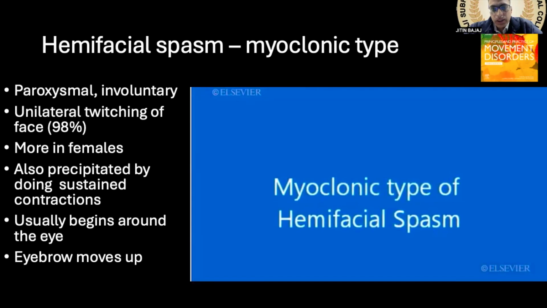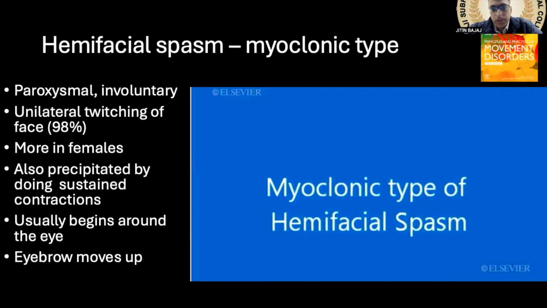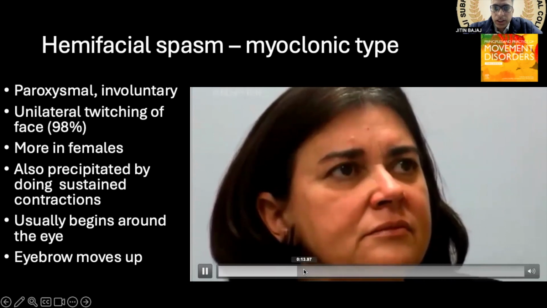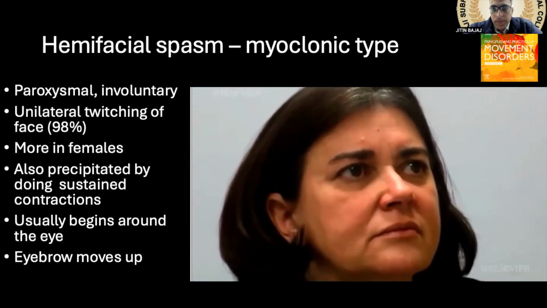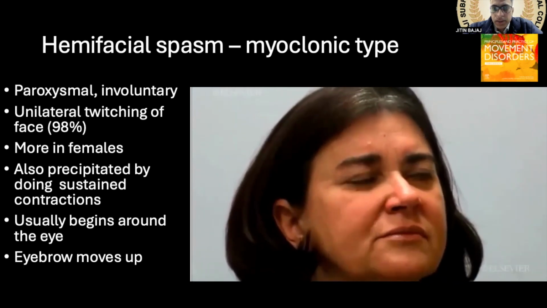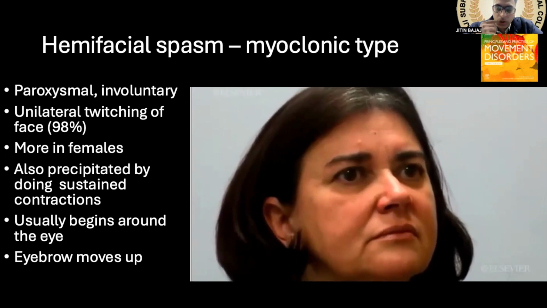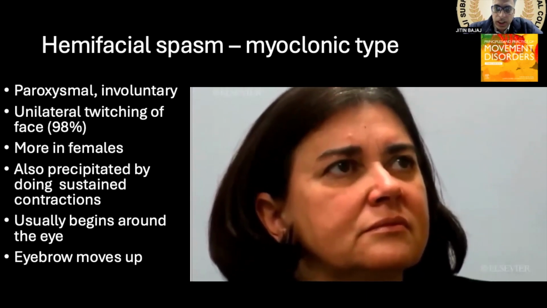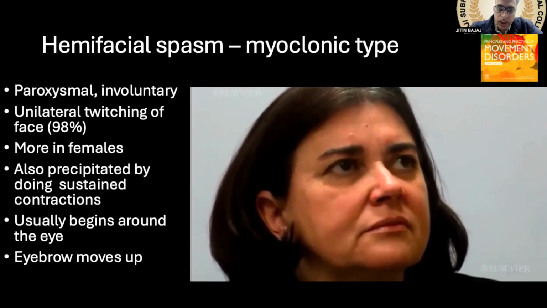In the myoclonic type of hemifacial spasm, in this video you will see there is twitching of the eye and mild twitching of the oris muscle also. If you look closely, the eyebrow is moving up.